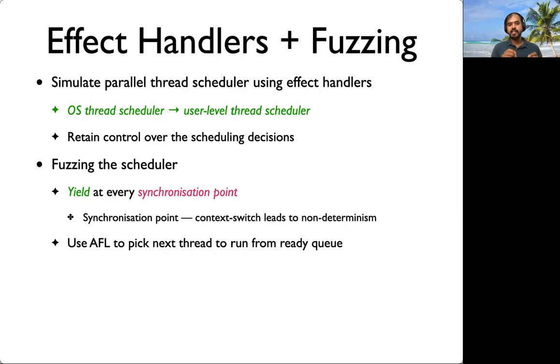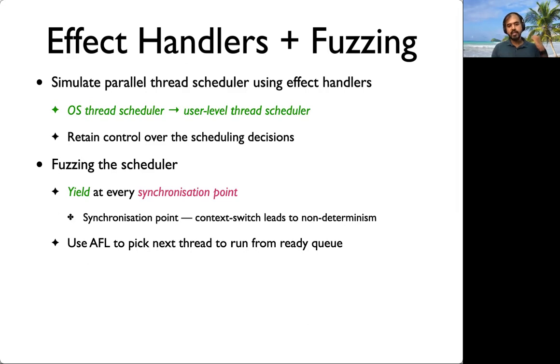At every synchronization point, a synchronization point is a point where if you context switch, you lead to some non-determinism. So at every such synchronization point, we actually force a thread yield. And what do we yield to? Here is where AFL comes in.